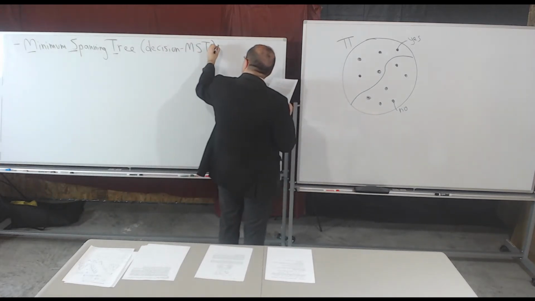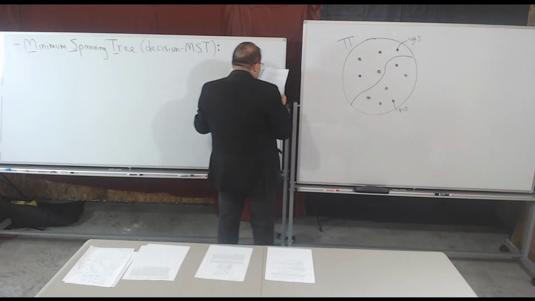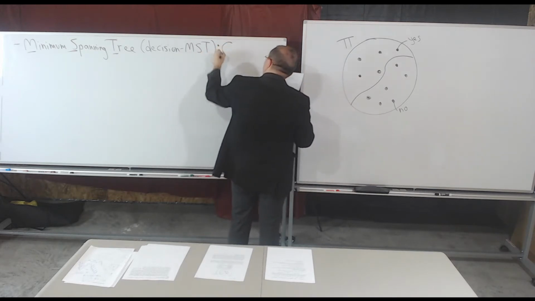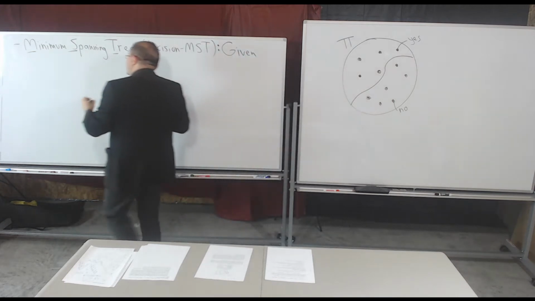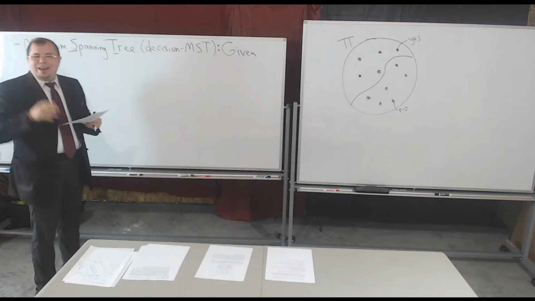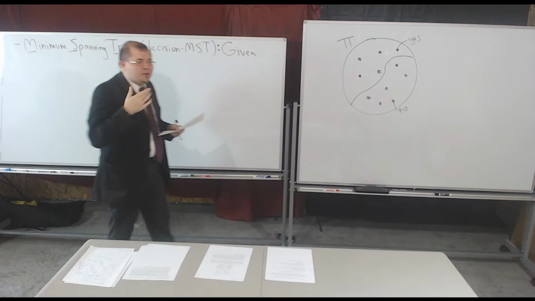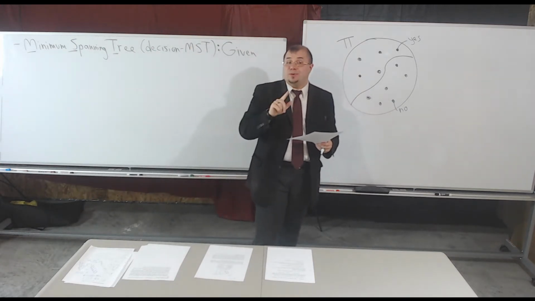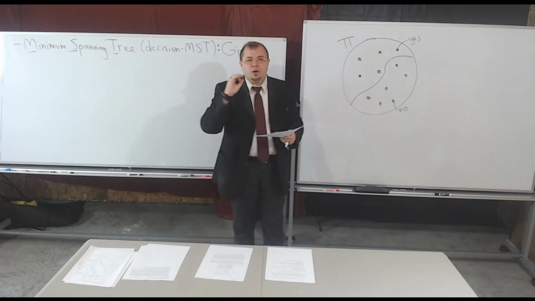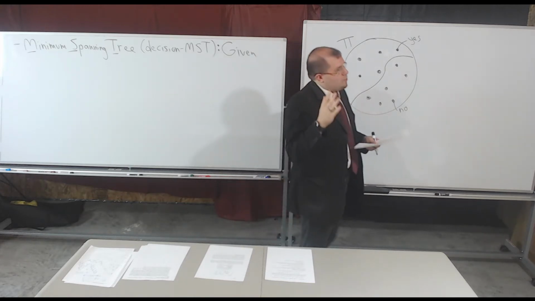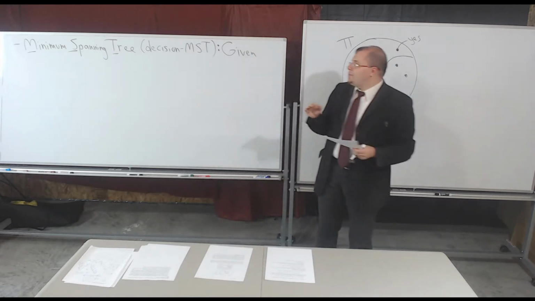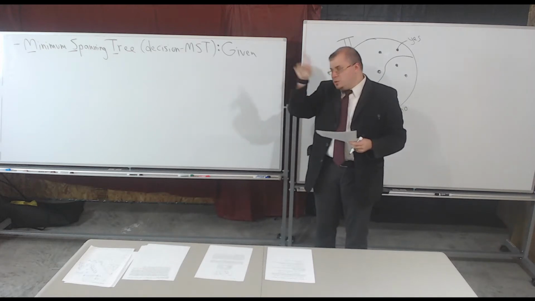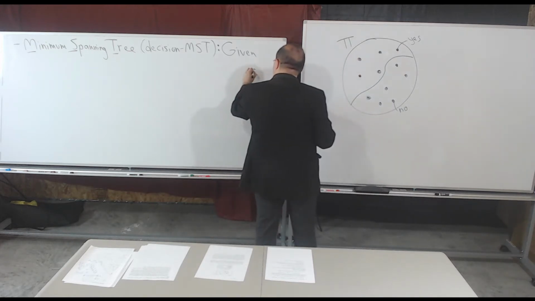So what is this problem? I am given a graph. To avoid having to say this over and over again, I'm going to assume the graphs, unless otherwise stated, are simple. That means that if I give you a graph or network, the graph will not contain multiple edges, so it will not contain parallel edges like this.